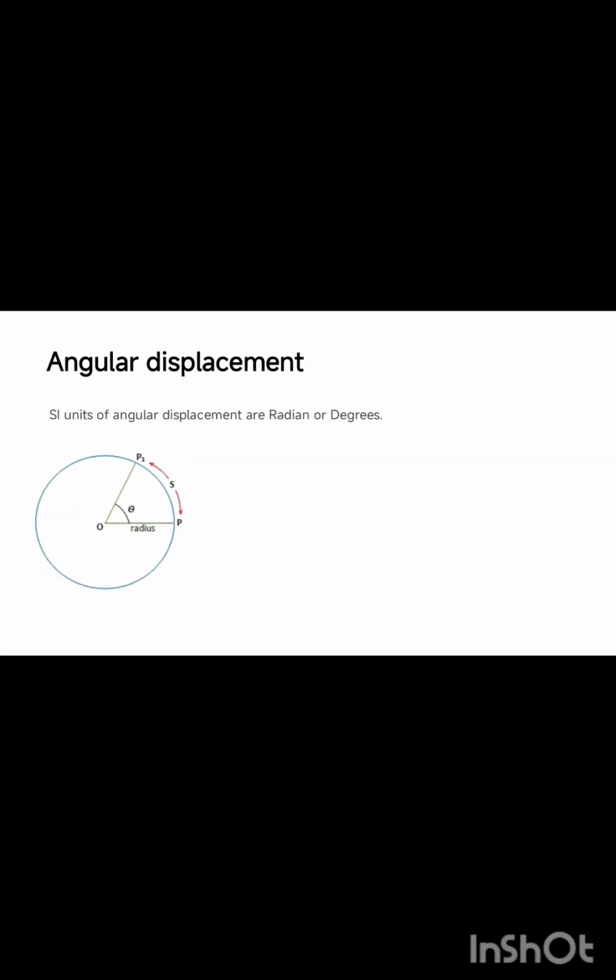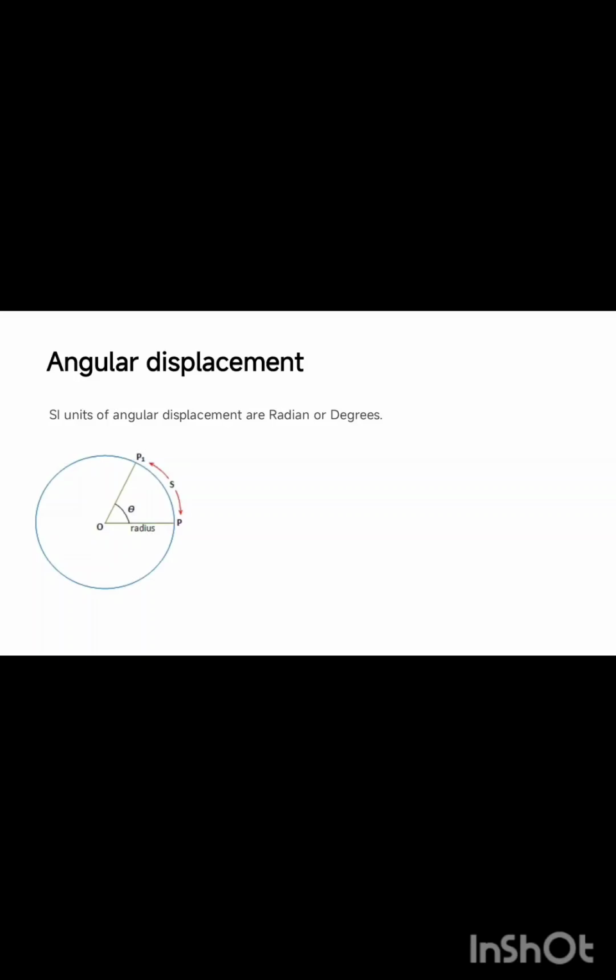So P is representing the initial position of the object. And after some time, let's suppose delta t has passed, and the object, while moving along the circumference, has covered a linear displacement represented by s, and it has reached its new position, that is p1.